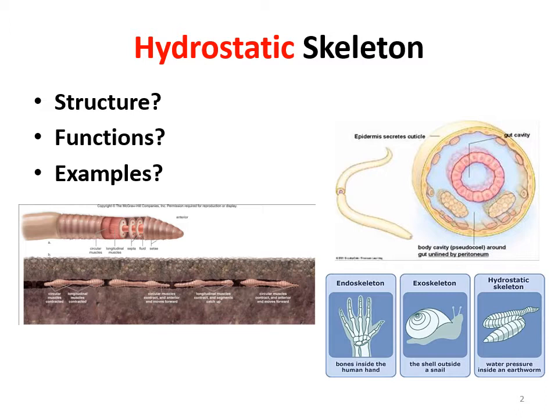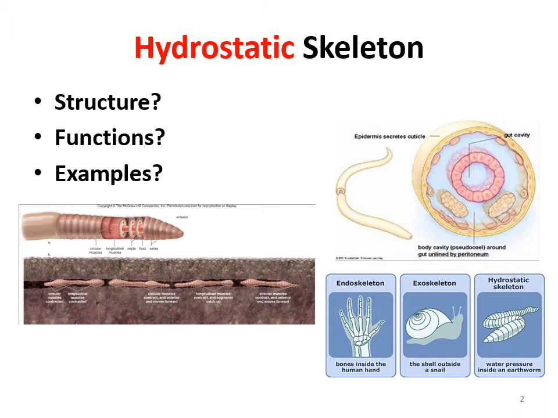So the first type I want to mention is the hydrostatic skeleton. Now, this skeleton is interesting because for its structure, it actually lacks a hard skeleton that you think of when you think of humans. Instead, what these organisms have is a fluid-filled cavity. That's why it's hydrostatic.